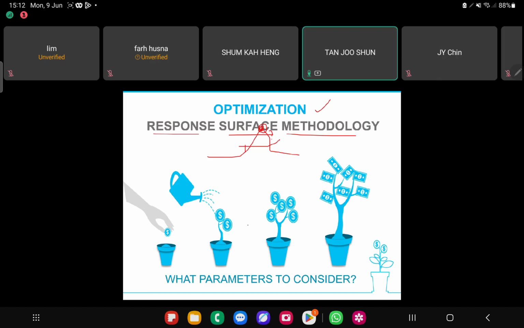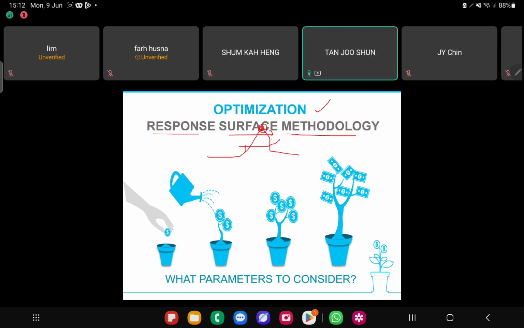Why do we need to do optimizations? I will cover that later. What parameters should be considered during your optimization?